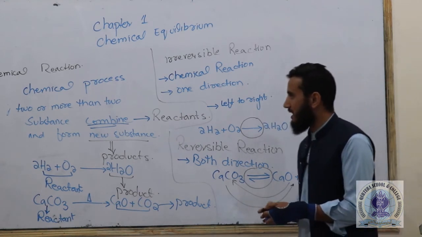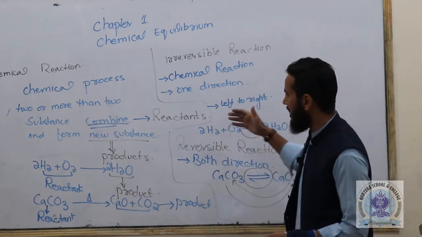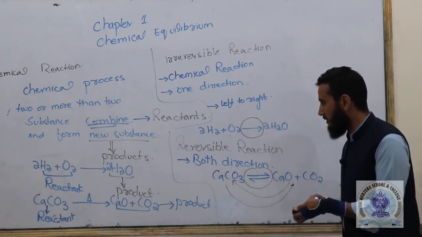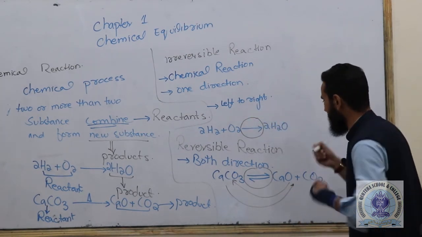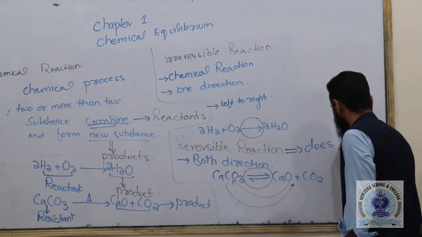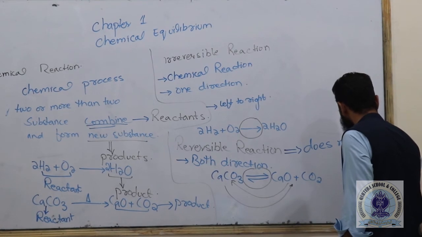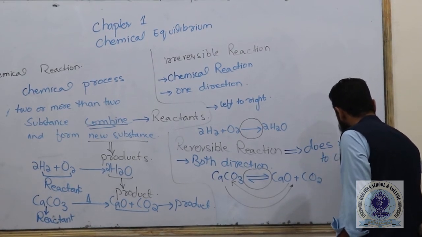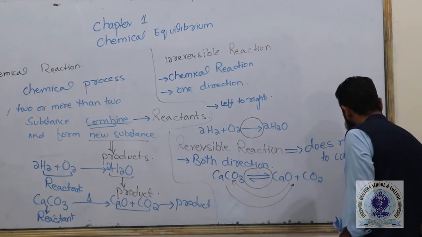So dear students, this was all about the types of chemical reactions. And one more thing that is very, very important: remember students, a reversible reaction does not go to completion. These reactions will not be completed. Why?